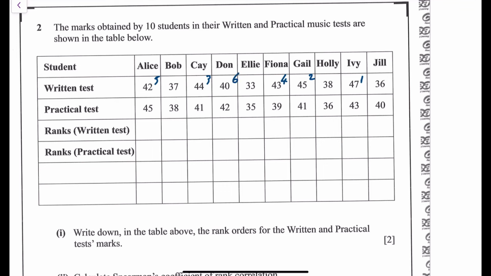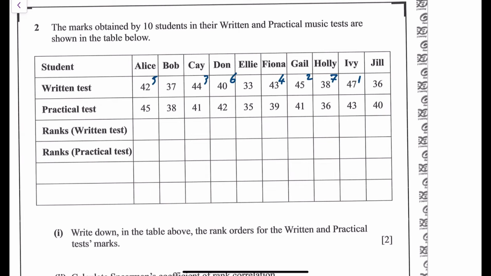And then my seventh is 38. My eighth is a 37. My ninth is a 36. And my 10th is a 33. Now, there's no problems with those. I'll just write those down below, so copy in below from what I have above. And you'll see in the next example why I have done it that way.